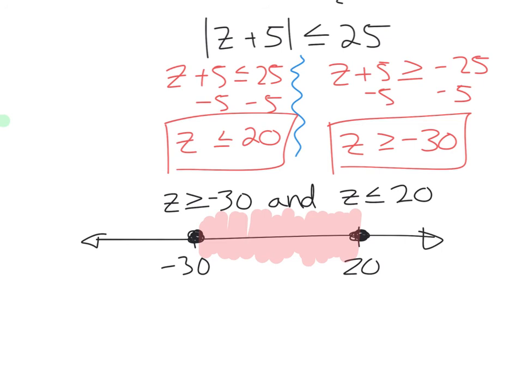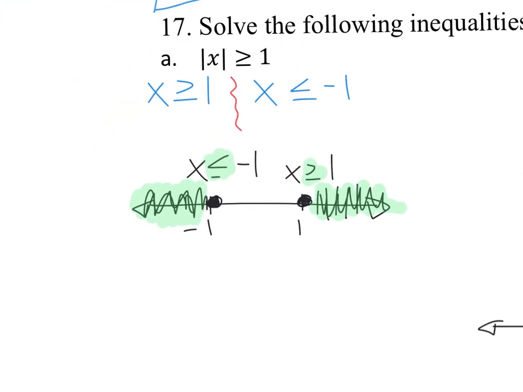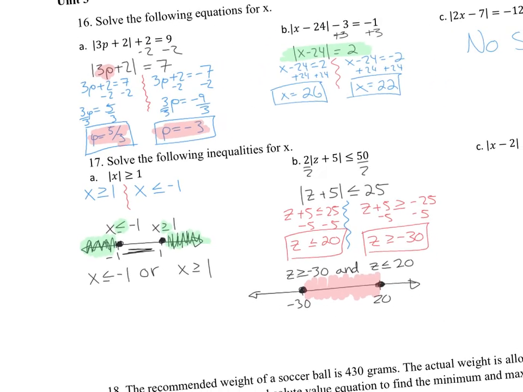It was an and statement. Now over here though, this is an example of an or statement. You would say that x is going to be less than or equal to negative 1, or x is going to be greater than or equal to positive 1. The no man's land right here is the or. Okay? The no man's land. Perfect. Okay? So there we go.